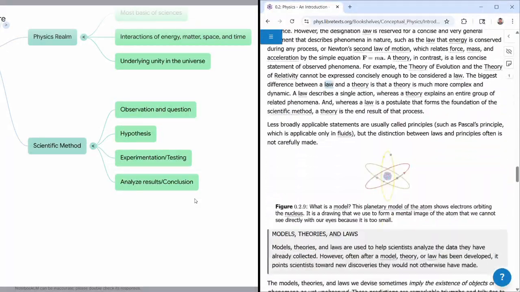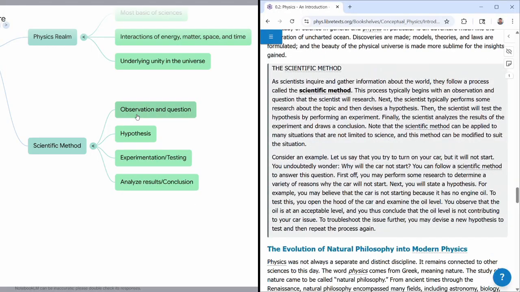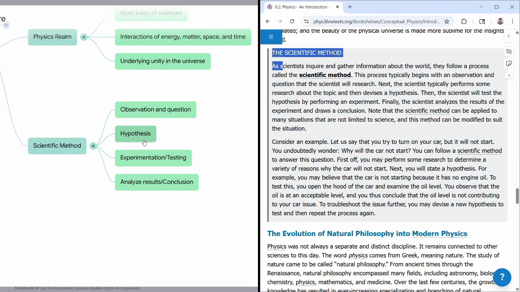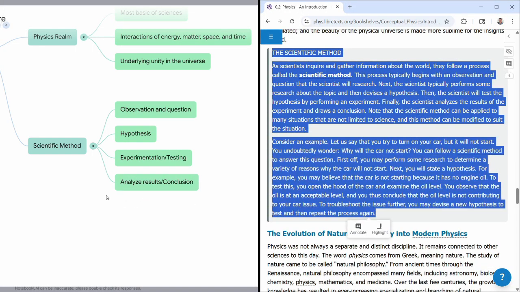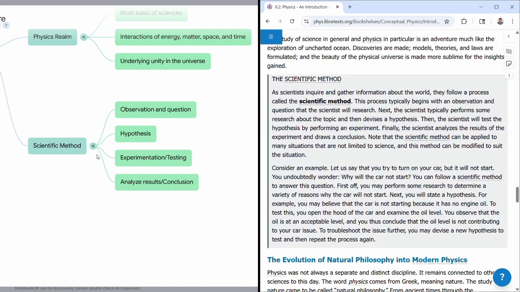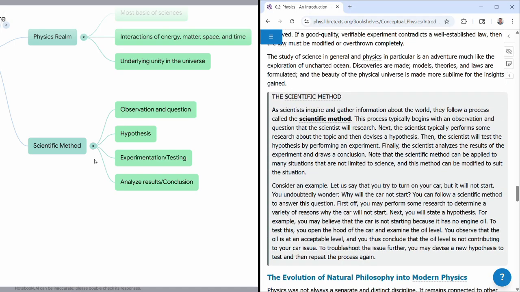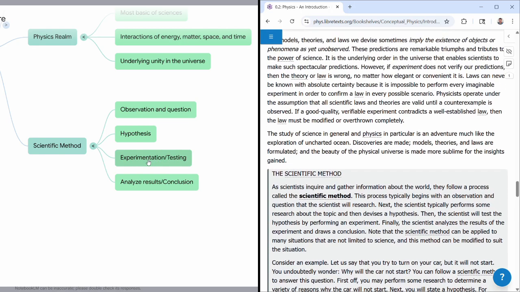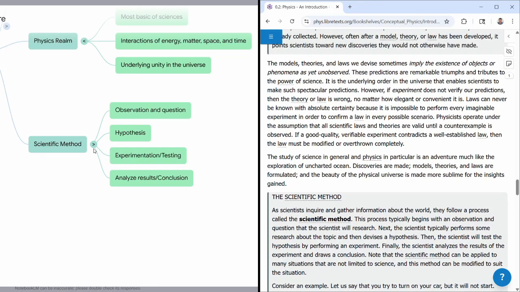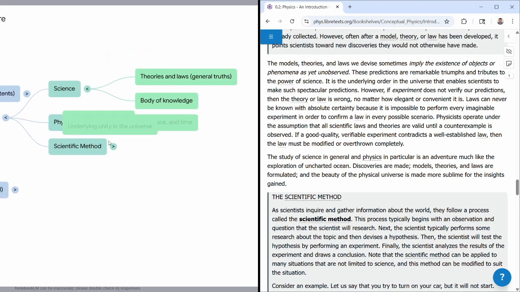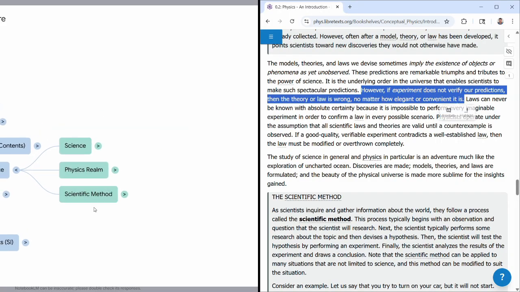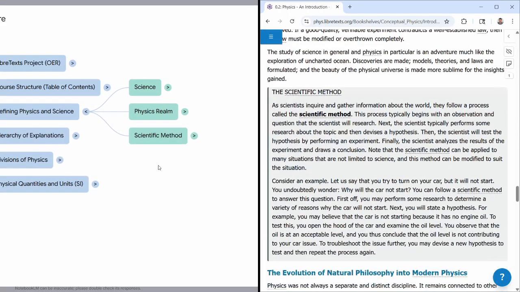If you haven't, you will see it described in the chapter. It's an iterative process that consists of a number of steps that can vary a little bit. But the important part is the experimental testing. That's what separates the scientific method from, frankly, myth-telling and other non-scientific ways of studying things.